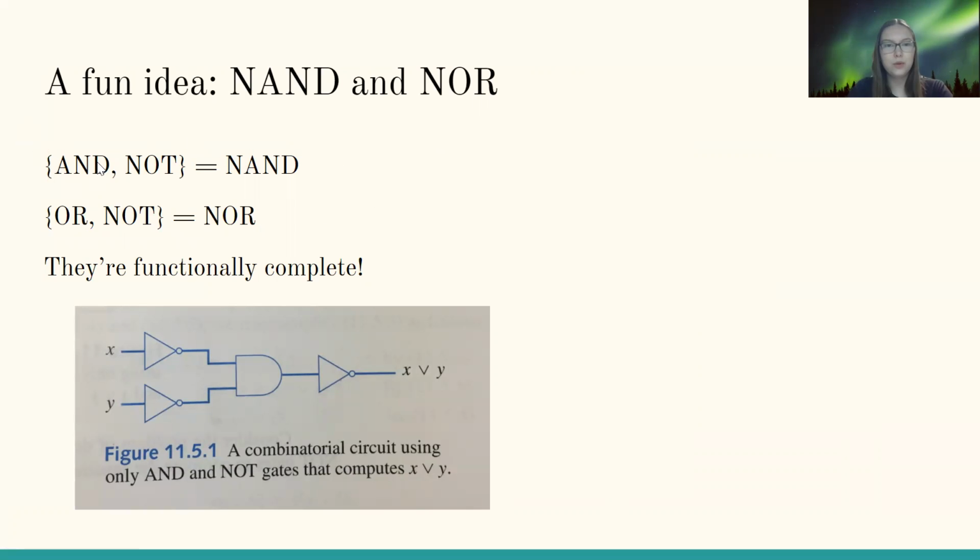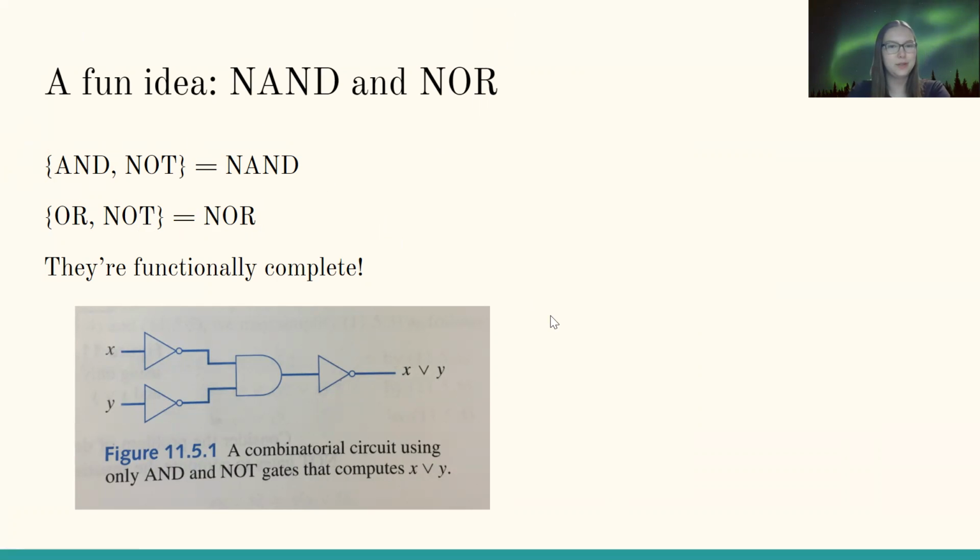So if we ignore OR gates, we don't use them at all, we can still make any combinatorial circuit. Similarly, if we ignore AND gates and just use NORs, ORs and NOTs, we can also make any combinatorial circuit. I just didn't quite believe this. Honestly, it's really cool to me.